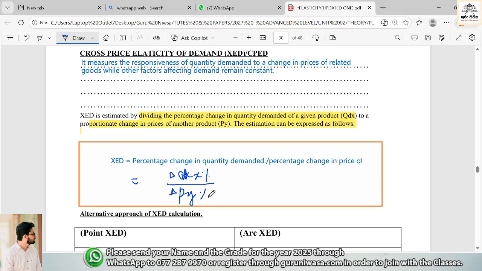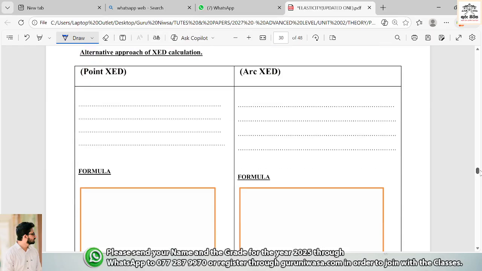Percentage change in QDX divided by percentage change in PY. Are you okay? Yes, sir. Okay, right.